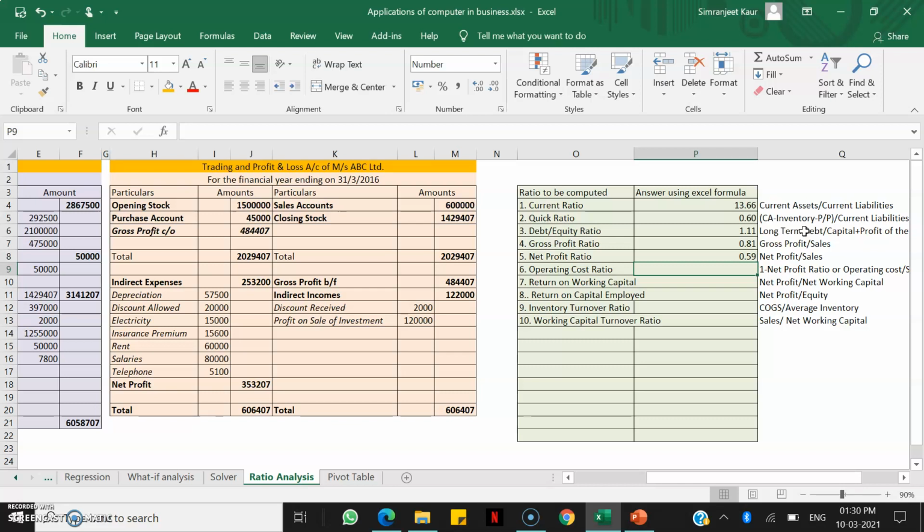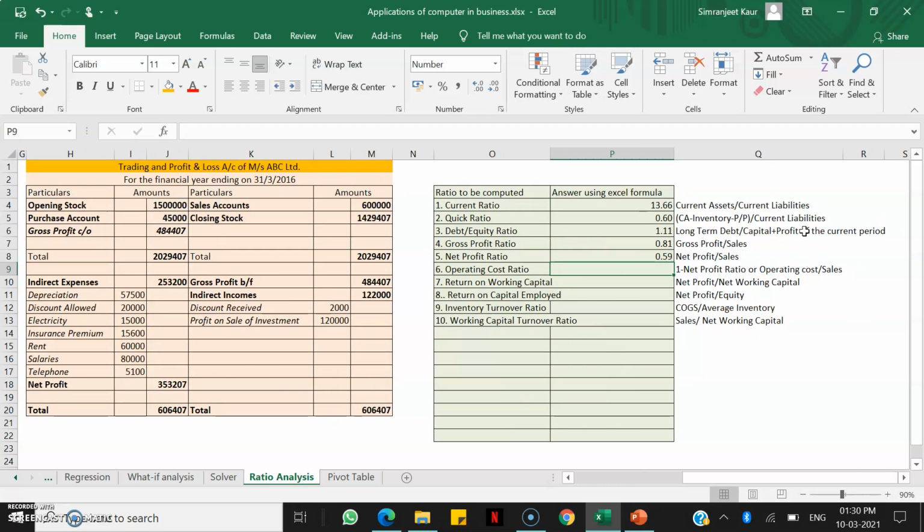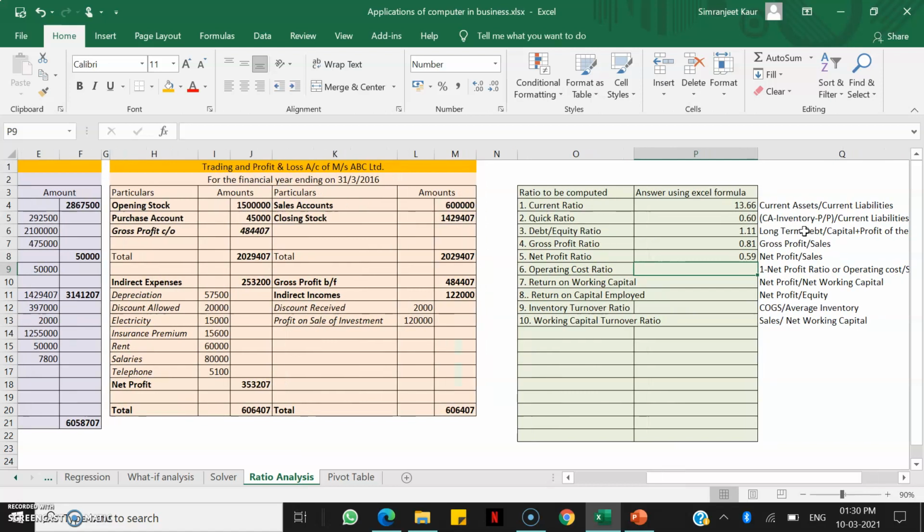Now coming to the operating cost ratio. So it can be calculated in two ways. Either you can deduct your net profit ratio from one, or the simple formula, the operating cost divided by sales. So let me do it first by operating cost by sales. So as you all know, operating cost is the cost which is directly related to the operations of the business, right, which contribute to the earnings, right.